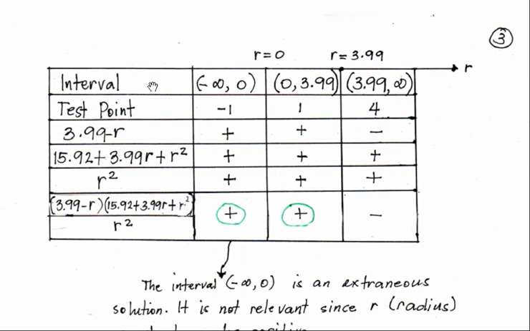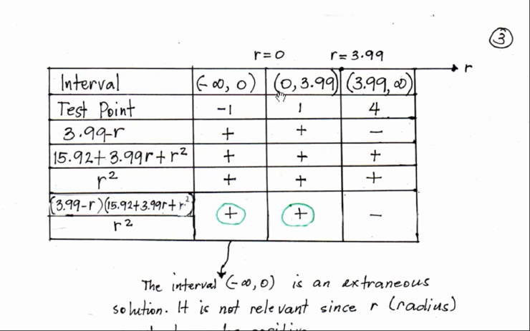On the interval row, to the left side of 0, the interval is from negative infinity to 0, meaning r here is less than 0. I keep on saying r, but r is the radius. On this next interval, the values for the radius are between 0 and 3.99.